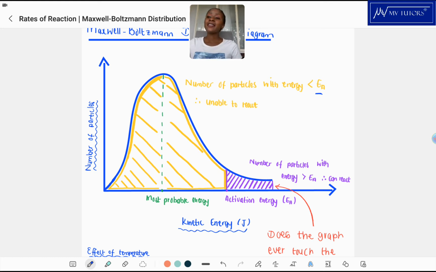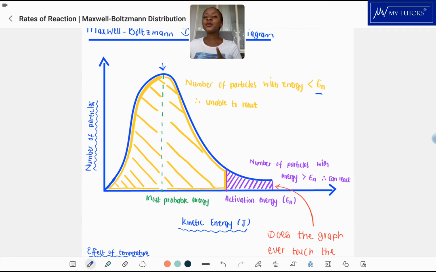All right, and then we have this green dotted line that is at the maximum point on your diagram. I put it in green and wrote there it's the most probable energy. So what does it mean when I say the most probable energy?